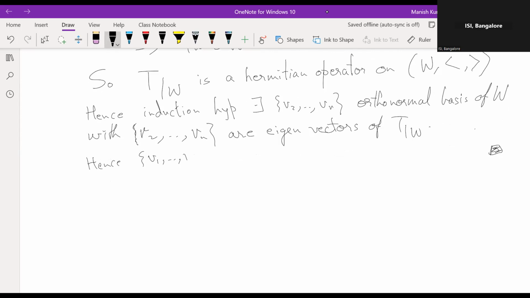V1 to Vn are eigenvectors of T and an orthonormal basis.